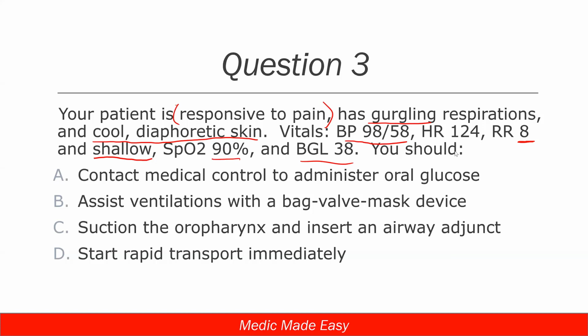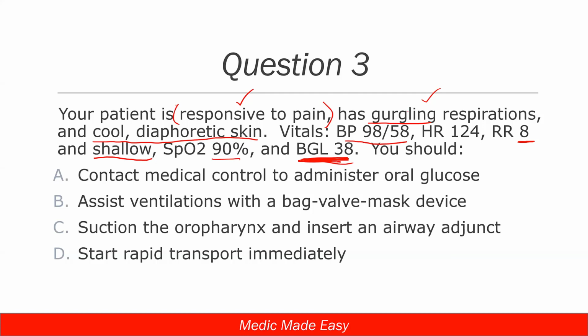Contact med control to administer oral glucose. Oral glucose, absolutely, we're going to want to administer for that low blood sugar. But if they're only responsive to pain, and the breathing is slow and shallow, and there are these gurgling respirations, I don't feel good about that person's ability to protect their own airway.